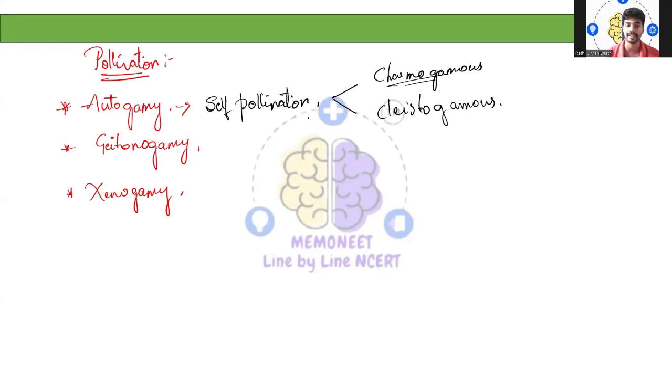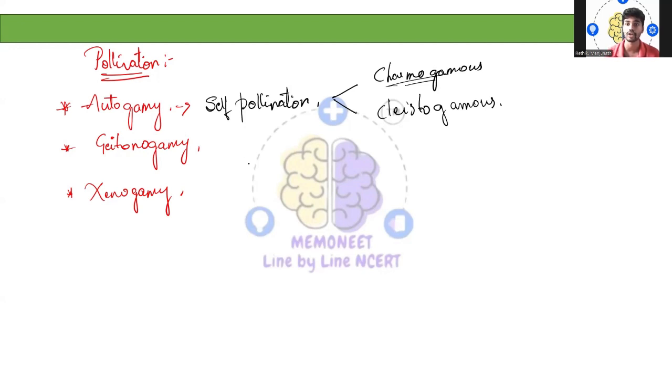Cross pollination is almost prohibited in cleistogamous flowers. Then we have geitonogamy. Here the transfer of pollen grains from anther to stigma happens in a different flower, but of the same plant.